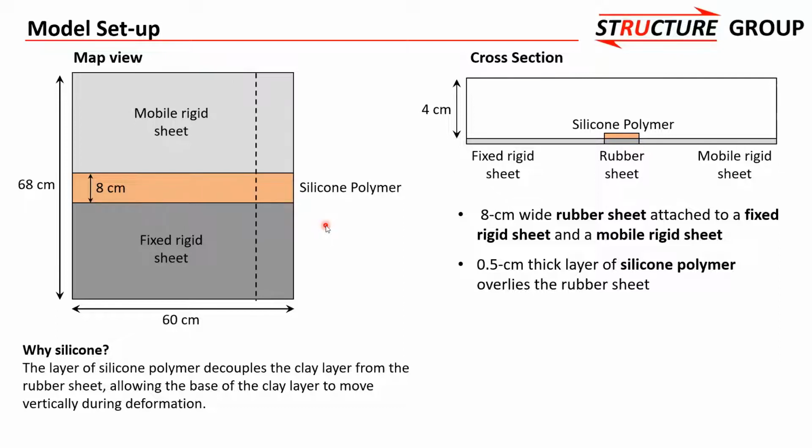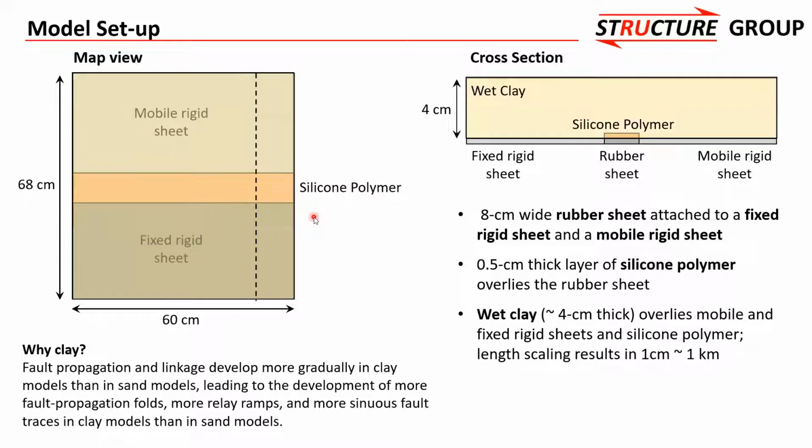I did this not to model an actual ductile unit, but to help decouple the clay layer from the rubber sheet, which allows the base layer of clay to move vertically during deformation. In models without a silicone layer, you're forcing the fault displacements to zero, and I wanted to avoid that in this case.